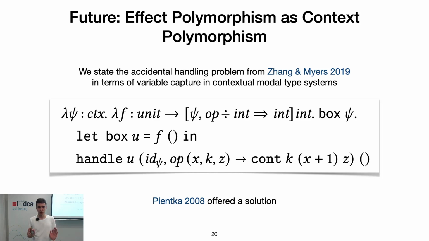It was about contextual modal types. But we think that it was exactly the problem that currently algebraic effects researchers are solving. And we want to borrow that solution, and we think that it will be an immediate solution to the problem of effect polymorphism, because for us it is a context polymorphism, but it had already been worked out. And you will find more details on that example in the paper.